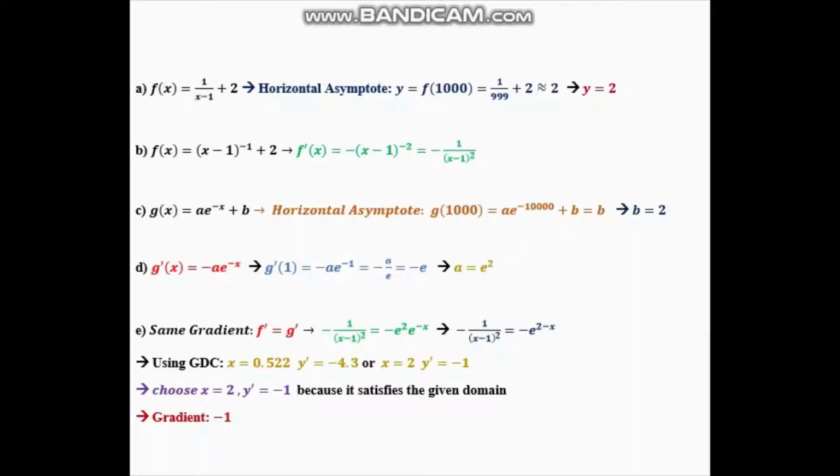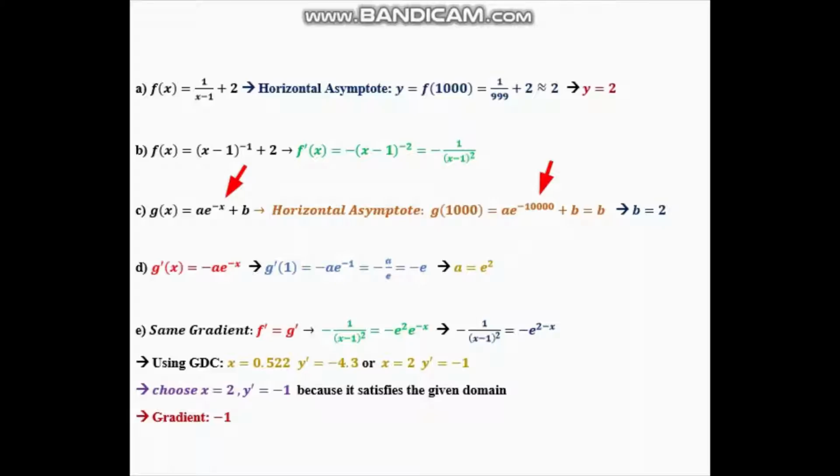Again, the way to find the horizontal asymptote is to set this x as a very large number. So a e to the power of negative 10,000 is 0, because e to the power of negative 10,000 is a very, very tiny number, 0.000001, for example.